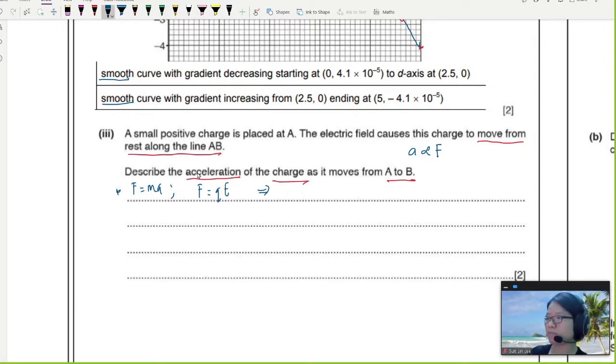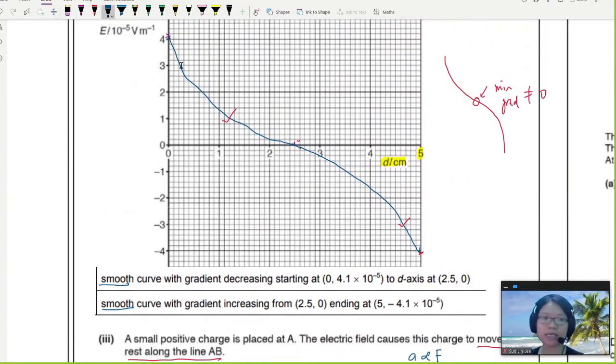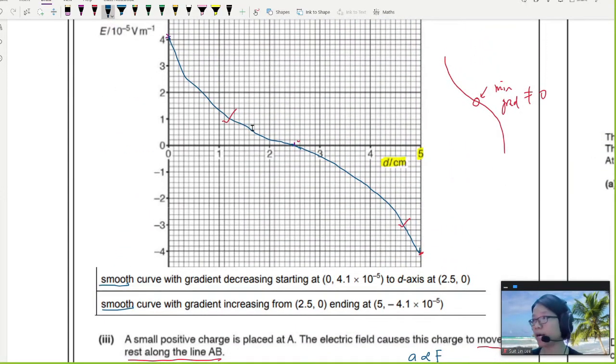So hence, ma is equal to QE. Mass and charge will be the same. So because of this, a is proportional to E. So how does E change? Let's see. E decreases until 0 at the midpoint and increases in the opposite direction.